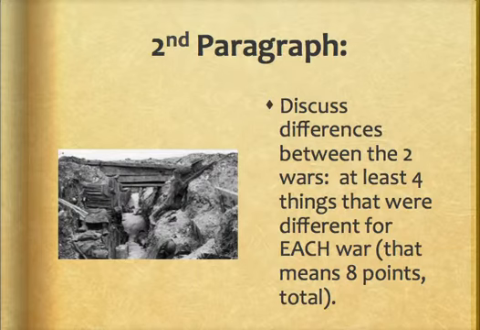Okay, so each war will have 4 talking points. I don't mean points in that you're going to be graded on. I mean talking points. So 4 things that were different causes for World War I and World War II. And that's going to be in paragraph form. Again, we're not just going to list them or write them with commas between them. You're going to talk about them in paragraph form.